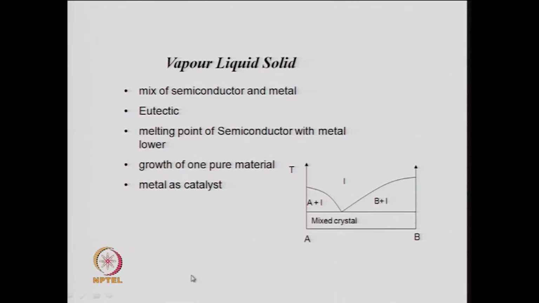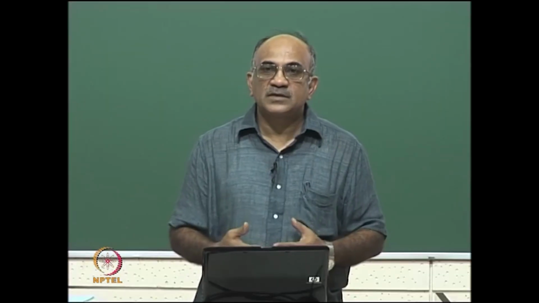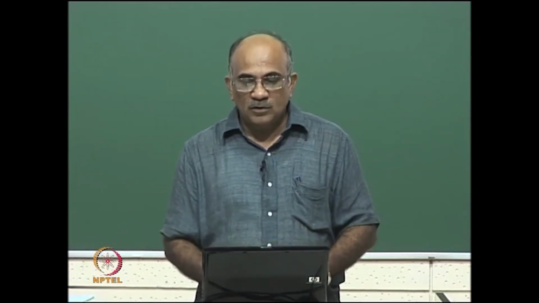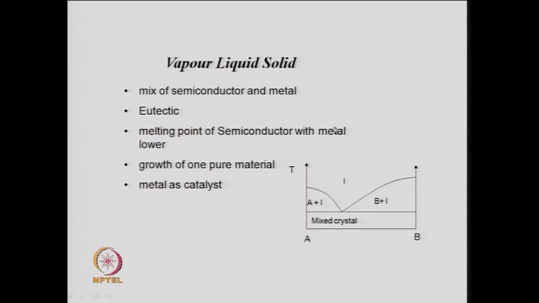So, such phase diagrams are important, and most of the phase diagrams of semiconductors and these catalysts are known. If it is not known, then you have to work out the phase diagrams and find out these eutectic temperatures and eutectic compositions, because you have to use these temperatures and compositions for creating the droplets which you want.